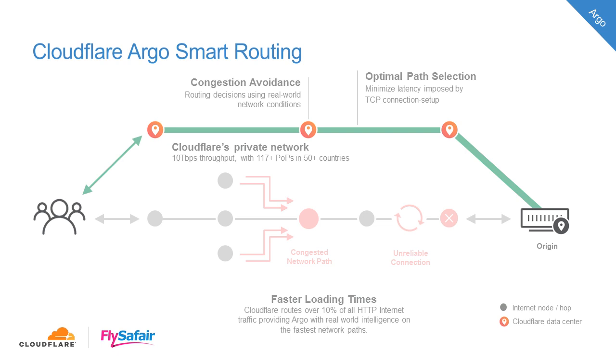Using connection reuse, Argo minimizes latency imposed by connection setup through persistent TCP connections. Persistent connections allow the congestion window size, essentially the number of bytes that can be sent at a time, to be at a maximum, which reduces the occurrence of slow start delays.